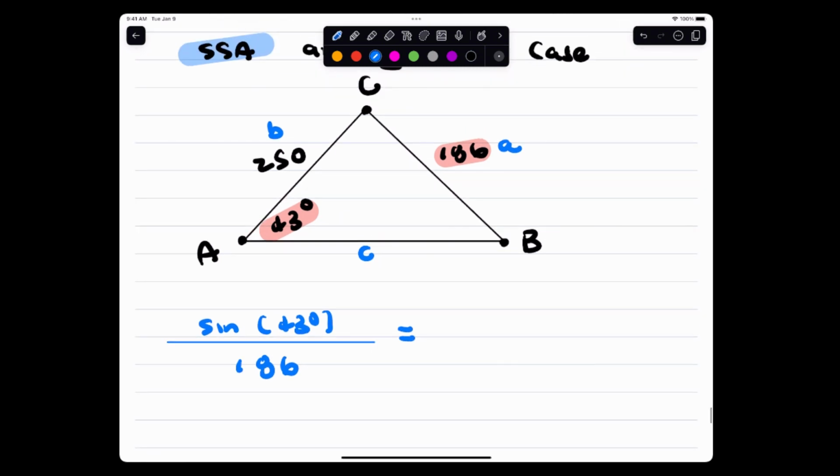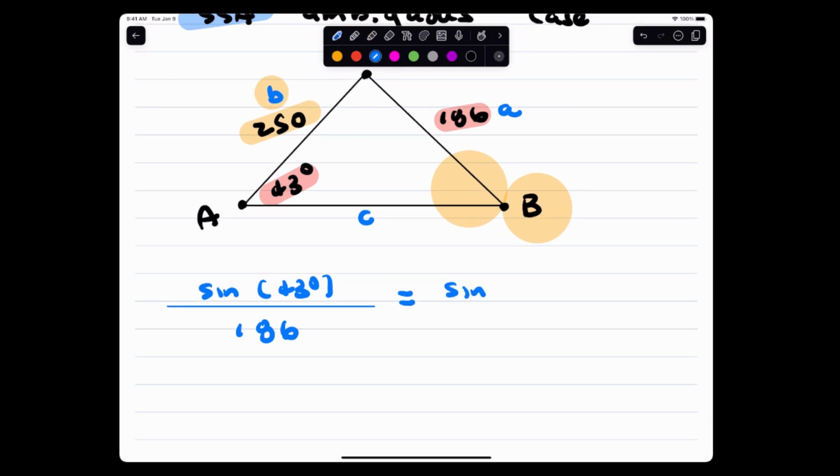You're going to have to now use, ladies and gentlemen, the angle with a known side. So this is going to be little b. So we have now sine of an unknown angle we call B over 250. And now we can solve this because we have 3 known values out of 4.